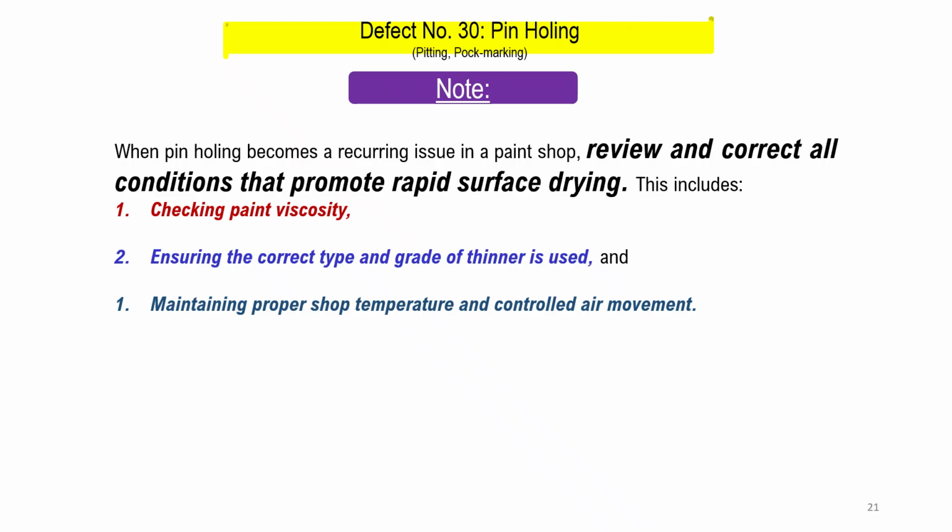These include checking the paint viscosity, ensuring the correct type and grade of thinner is used, and maintaining proper shop temperature and controlled air movement.